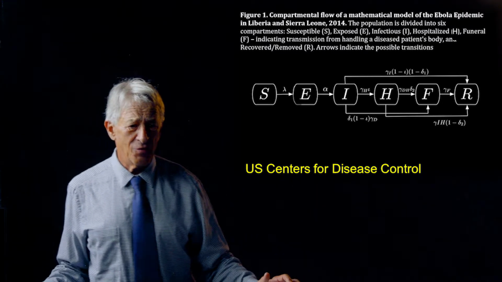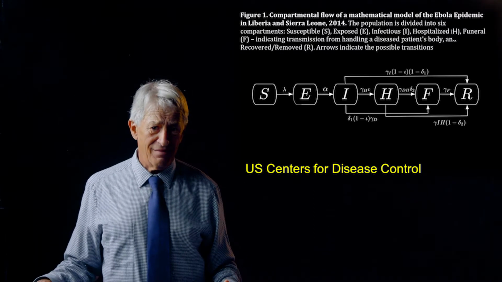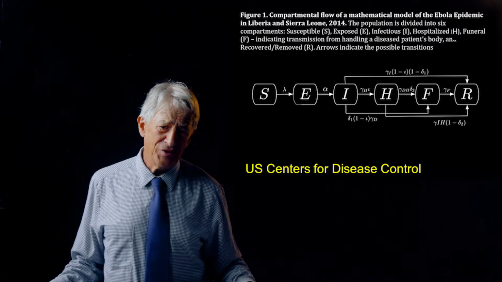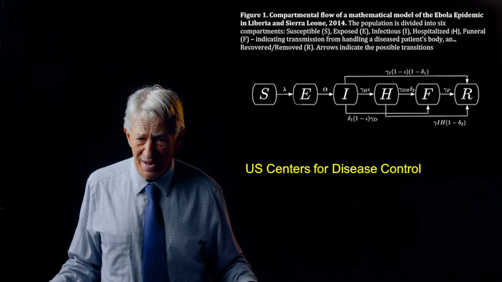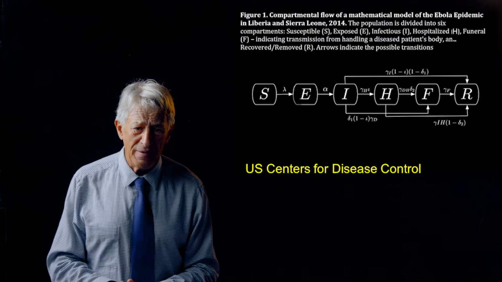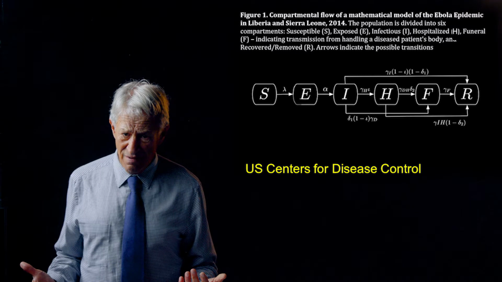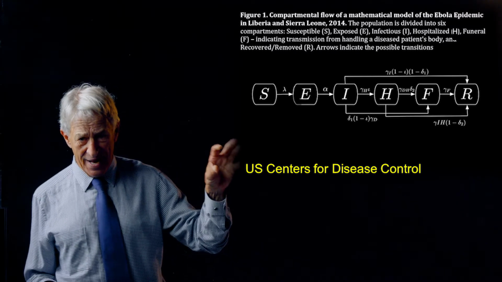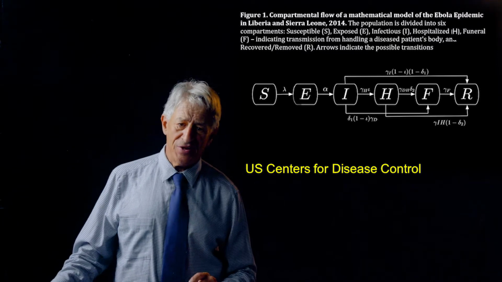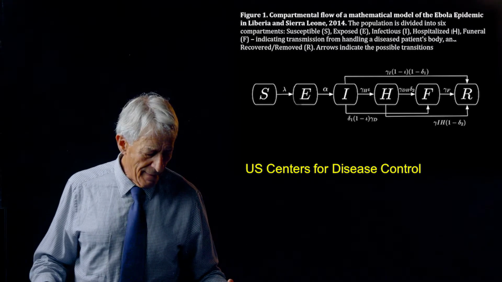F stands for funeralized, because once again, the people who die of the disease, some of them receive funerals and some of them do not. And the funeral itself is a mechanism for the spread of Ebola. And so we have to have a separate category called funeralized. And then, of course, in this disease, you can recover, so there is an R variable.